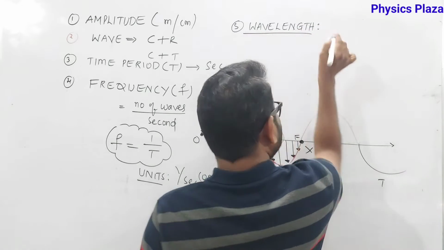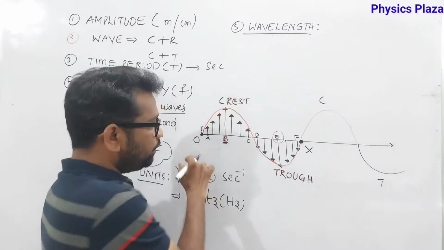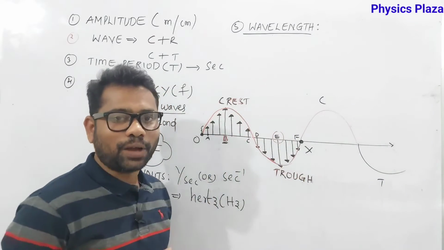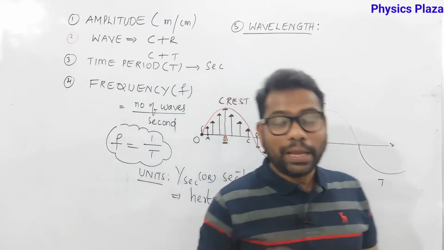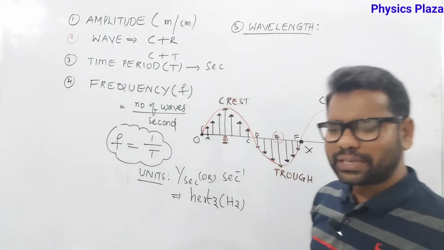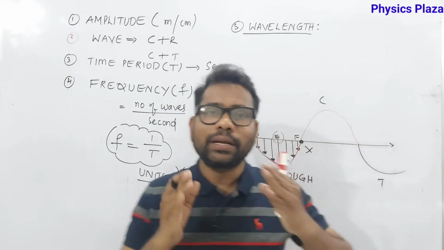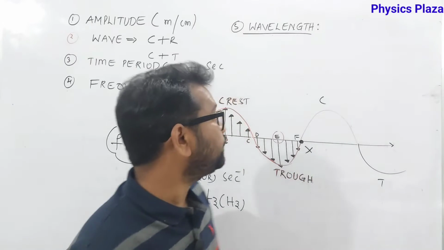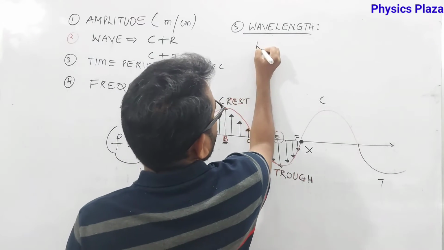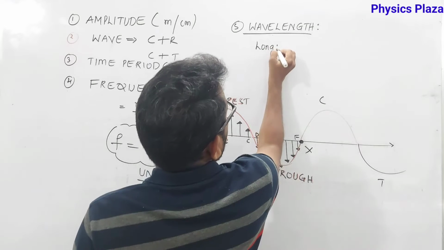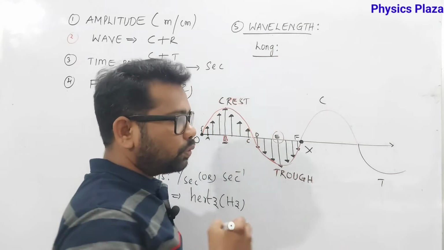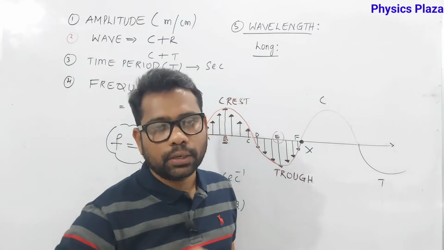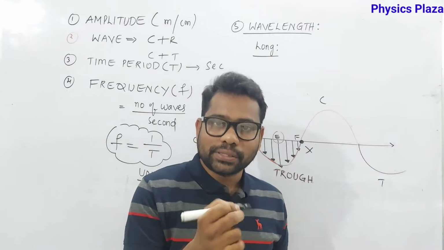Wavelength. So the distance covered by the wave in one time period of a particle of the wave, children, is called what actually? Wavelength. See, wavelength can be well understood in terms of a transverse wave and a longitudinal wave. So in the case of a longitudinal wave, children, let us take here. During the propagation of a longitudinal wave, yes, we discussed that compressions and rarefactions are formed.